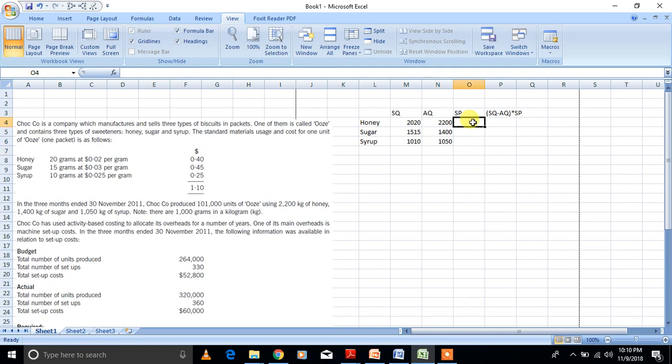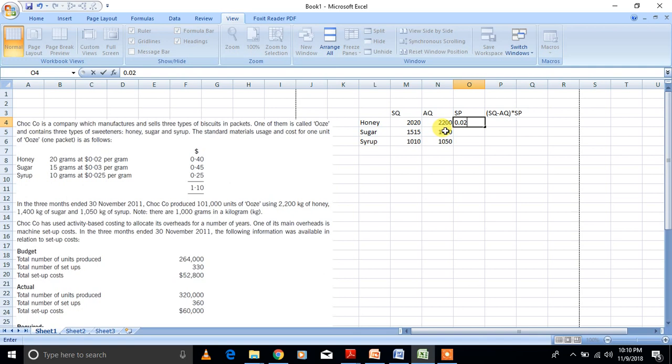Standard price is 0.02 per gram. I have done the question in kilograms. So here the standard price I have to convert to per kilogram, because remember this is in kilogram, this is in kilogram. The difference you're going to get is in kilogram. So the price has to be per kilogram.